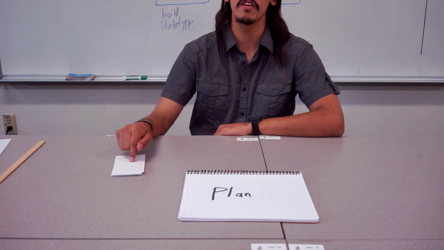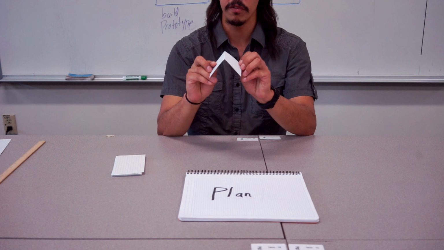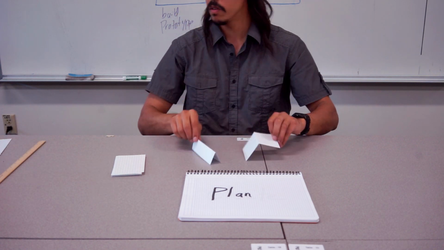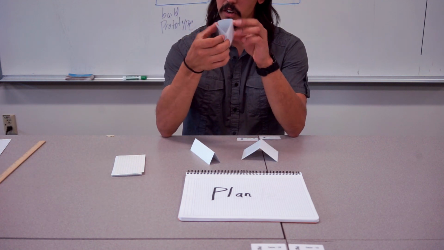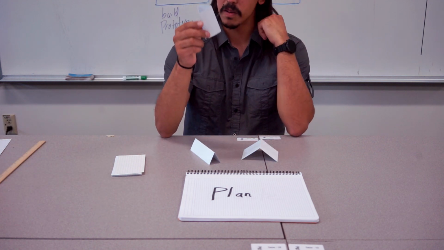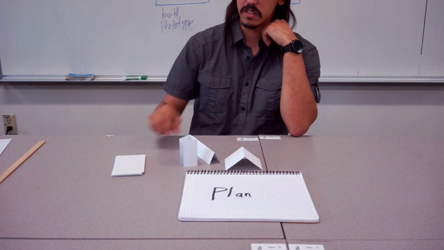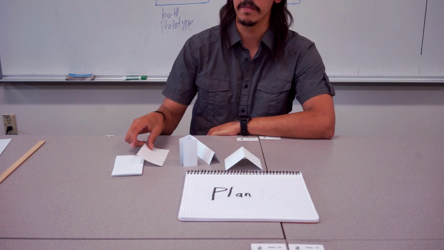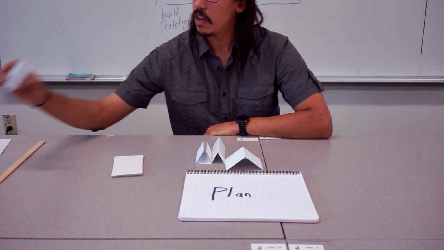You can't cut them and you can't rip them, but you can feel free to fold them this way, or even do multiple folds like this to make new shapes. One advantage is that they can stand up on their own like this, whereas an index card by itself doesn't really do that. Okay, so that's an option there.